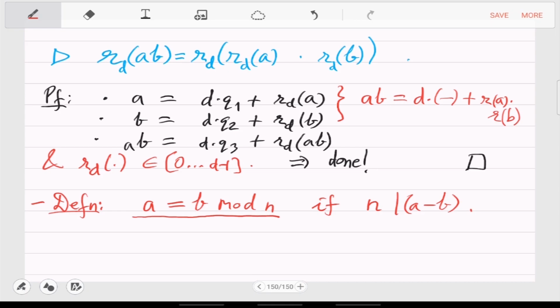So more importantly, this mod relationship is basically a relationship between integers. Once you are given n, then for all numbers a, b, the relationship is the following: a and b are related if they have the same remainder when divided by n.